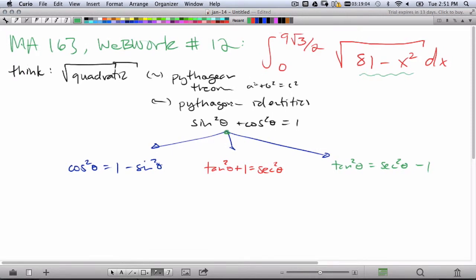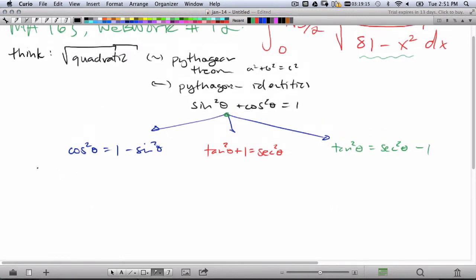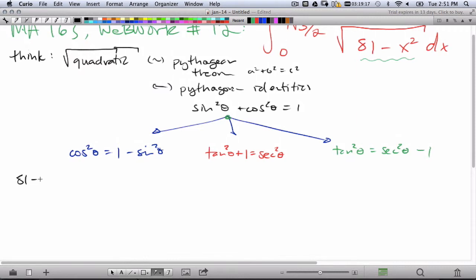Now, to figure out which one we use, we need to do a little algebra on this 81 minus x squared. Let's factor out the 81. Then we're left with 1 minus x squared over 81.